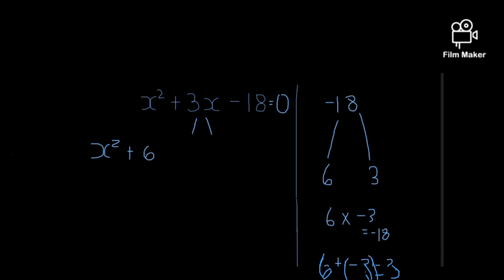So we're splitting the middle term into the two factors. Minus 3x minus 18 equals 0.